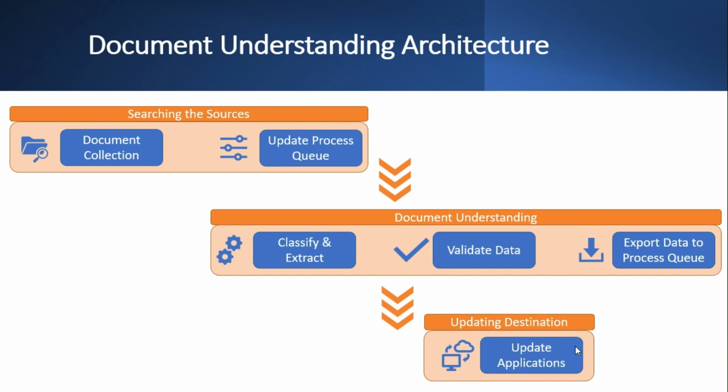In that case, just like we discussed about the source, we can do the same approach for your destination. You might have different processes to do that, but all of that refers to one source where the document understanding flow uploads its extracted information. So this is the overall architecture.